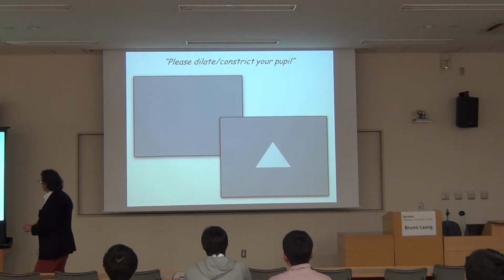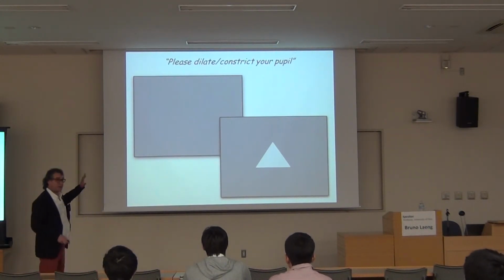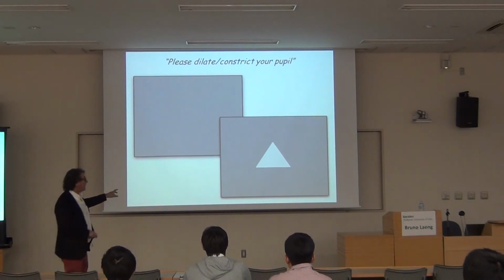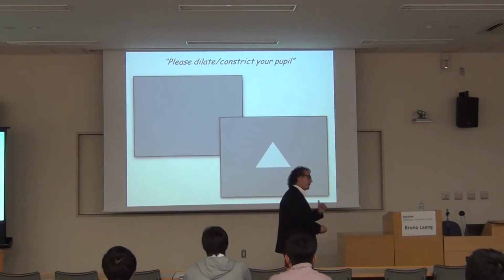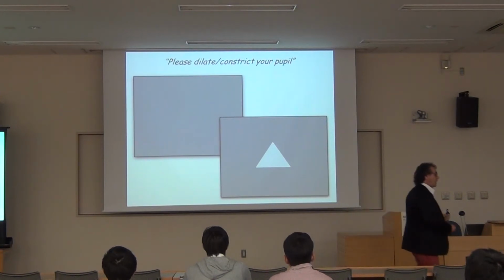And we measure the change of the pupil. We have two conditions. One with a blank screen, which is exactly as it was in the experiment. And one where we even try to help the participant to actually succeed in doing it.